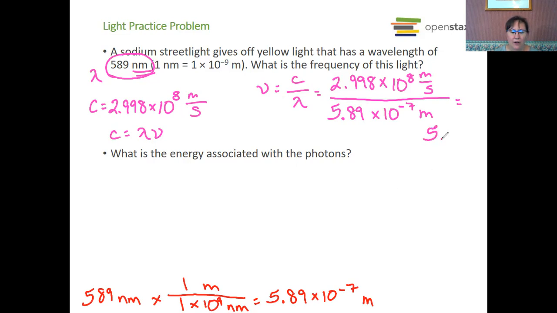And that gives you, I can have 3 significant figures here, so 5.09 times 10 to the 14th. And you could either write inverse seconds or you could write hertz.